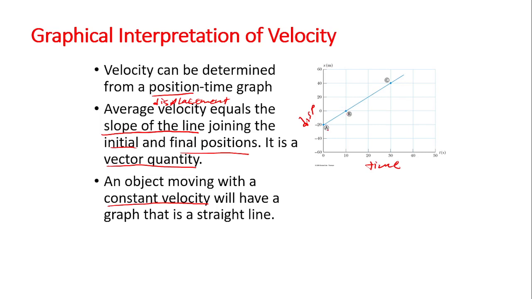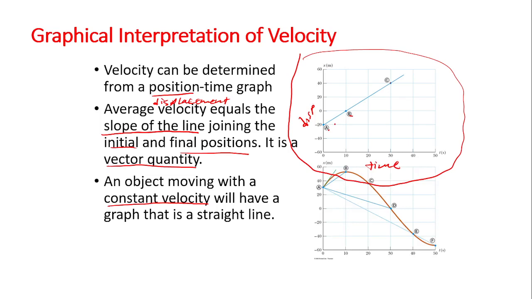If this object moves from point A to point B, and again from point B to point A, the size of this slope is what you consider to be the velocity. Remember, the time has to be the denominator. So what you are seeing here is the graph of an object with constant velocity. The velocity is not changing. It is constant.